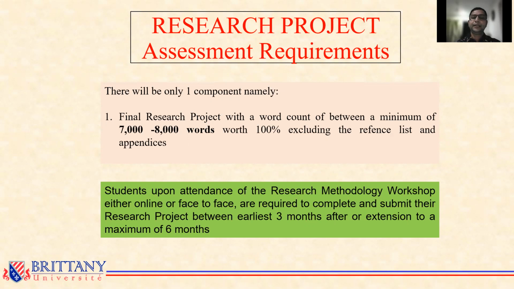But if it is 9,000 or 10,000, marks will be reduced. So you need to be very careful. Your word count starts from your abstract until the conclusion. The reference list is not counted in the word count. The references or appendix, if you include them, are not counted. So the word count is from your abstract to your conclusion.